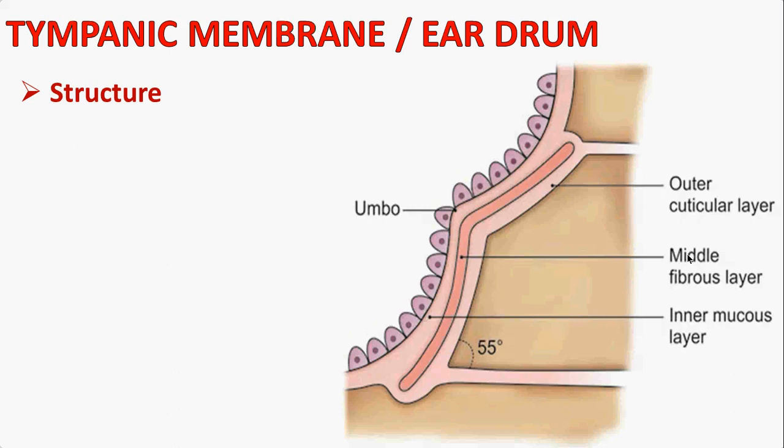The circular fibers are minimal at the center. This fibrous layer is replaced by loose areolar tissue in the pars flaccida. The inner mucous layer is lined by low ciliated columnar epithelium. So for tympanic membrane histology, you can draw this figure.